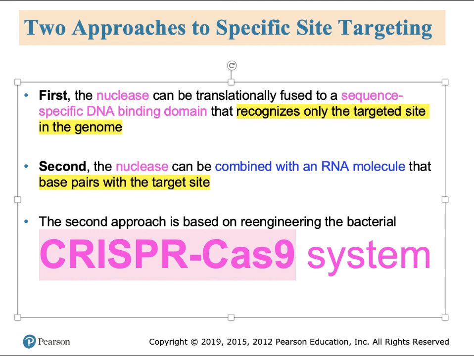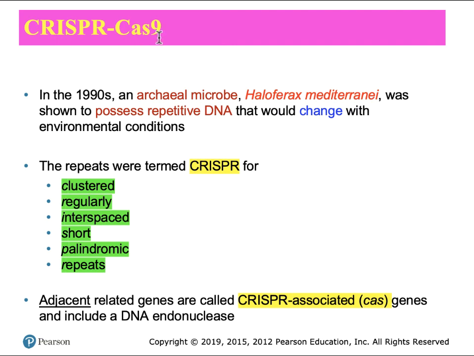What is CRISPR-Cas9? Well, CRISPR-Cas9 is a region of a chromosome and the activity of a nuclease combined together. Historically, in the 1990s, off the Mediterranean coast, scientists found these archaeal microbes, archaea basically, that show repetitive DNA along their chromosome.